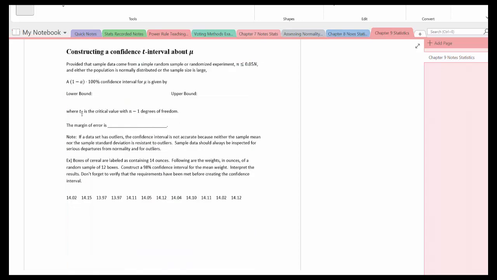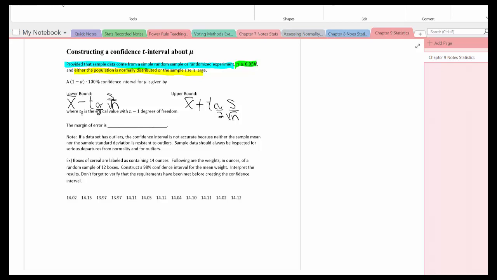So, constructing a confidence t-interval about the population mean, provided that the sample comes from a simple random sample or randomized experiment, the sample size is less than or equal to 5% of the population, and either the population is normally distributed or the sample size is large enough, a 1 minus alpha times 100% confidence interval for mu is given by the sample mean plus or minus t sub alpha divided by 2 times the sample standard deviation divided by the square root of n, where t sub alpha divided by 2 is the critical value with n minus 1 degrees of freedom.